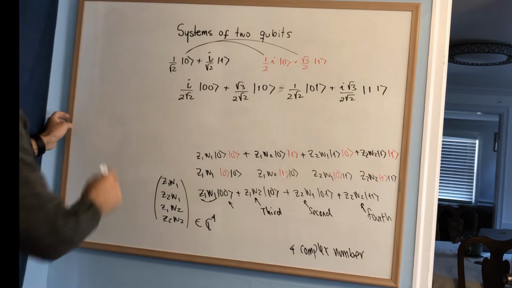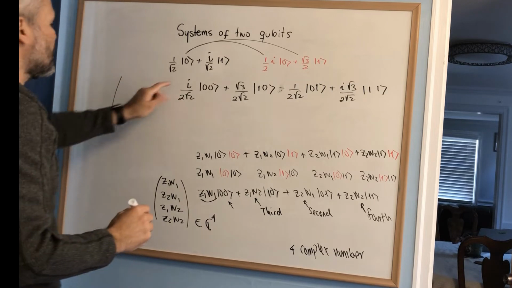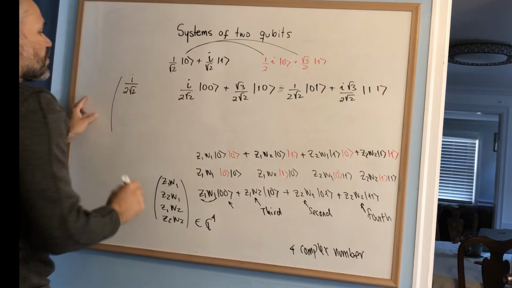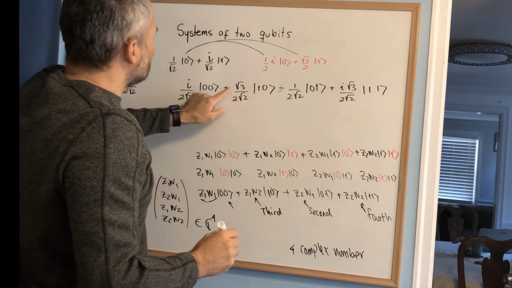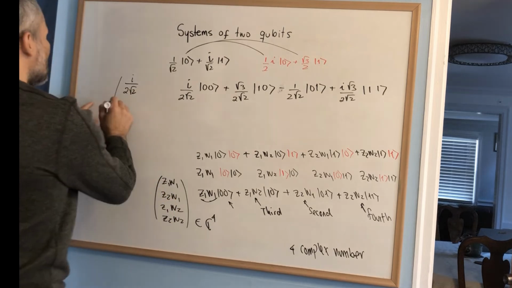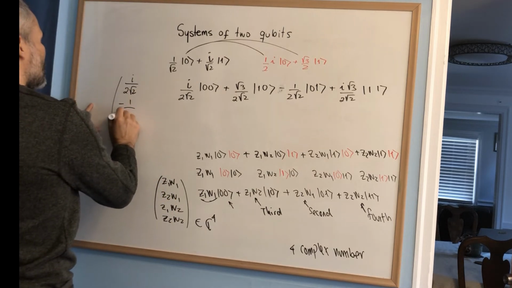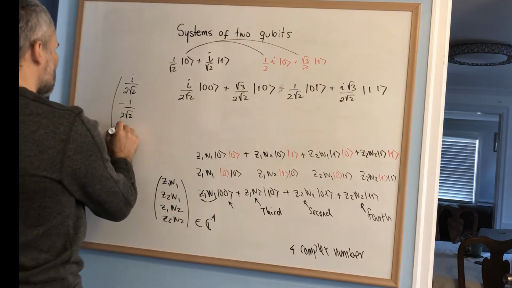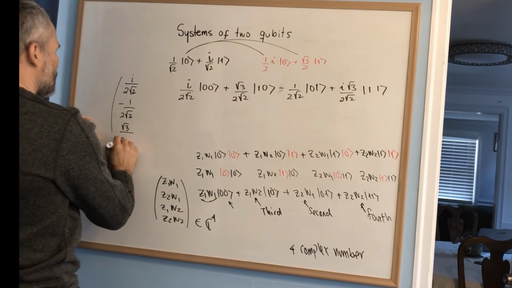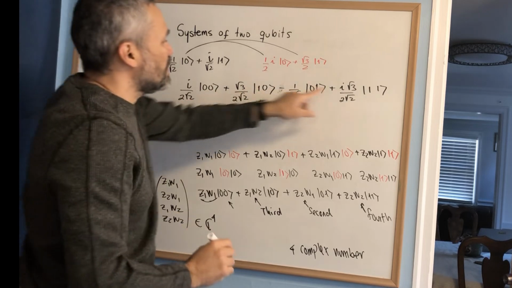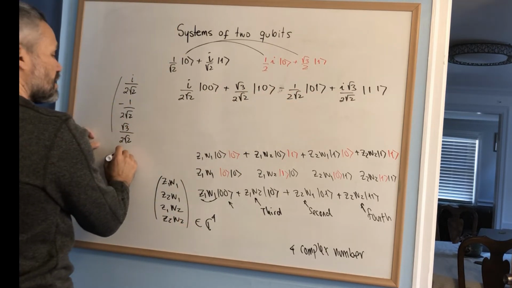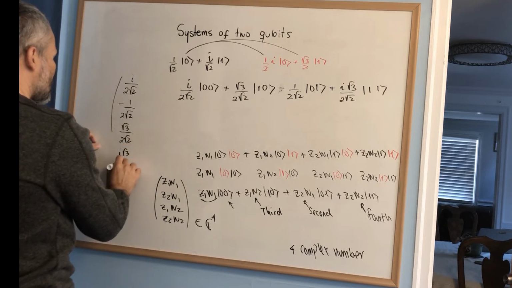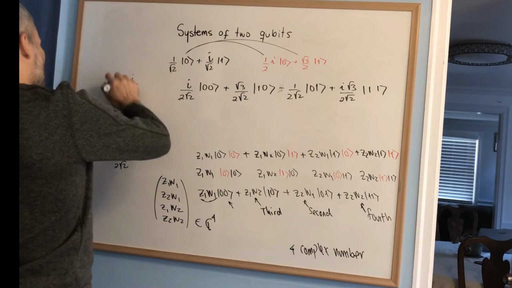Then our complex numbers would be, this is the first number, I over 2 square root of 2, and which one is the second? This is the second, minus 1 over 2 square root of 2. This is the third one, square root of 3 over 2 square root of 2. And the last one is I square root of 3 over 2 square root of 2.